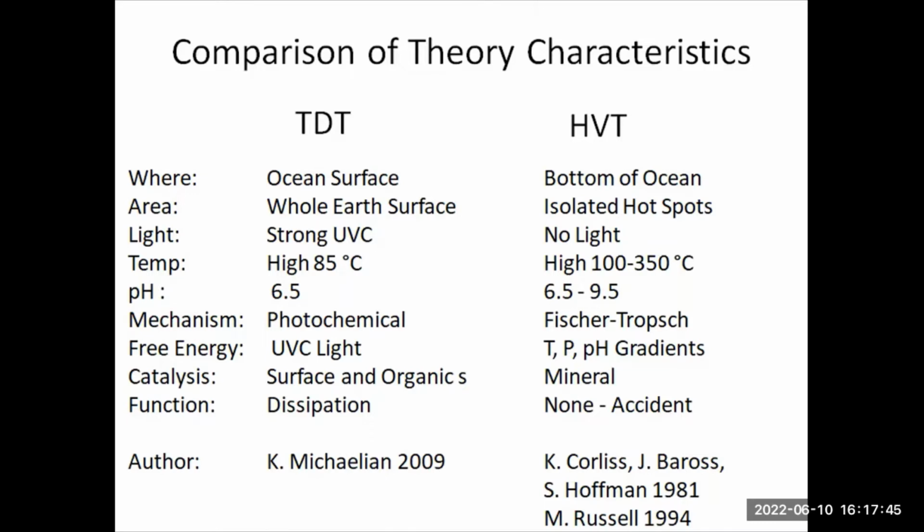The area available for the origin of life in the TDT theory is essentially the whole Earth's surface, because the oceans at that time covered almost all of it. There were very few continents, or a very small amount of landmass.